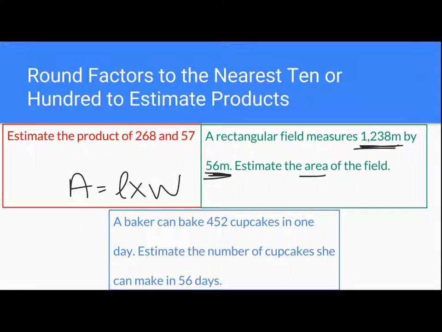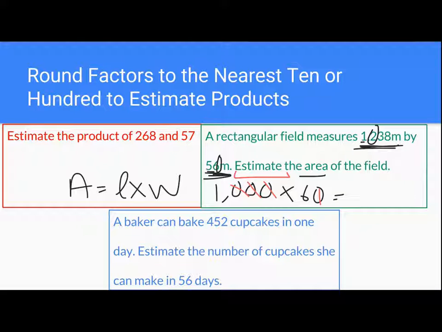So instead of multiplying the actual numbers, it's asking us to estimate. So I'm going to round each number to its greatest place value to make this super, super simple. So what does the 2 tell the 1 to do? Stay right where it is. What does the 6 tell the 5 to do? Go up. So this equation is actually going to be 1,000 times 60. Remember my strategy from before?